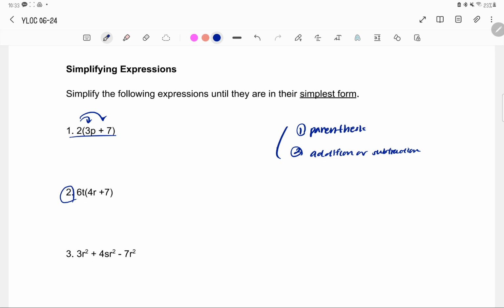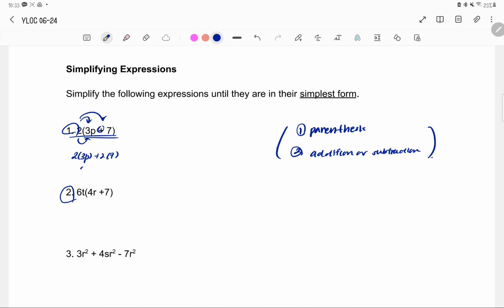These have to agree at the same time, and if you look at number 1, it makes sense, right? Because it has addition inside the parentheses. So what we're going to do is 2 times 3p and 2 times 7. What's 2 times 3?